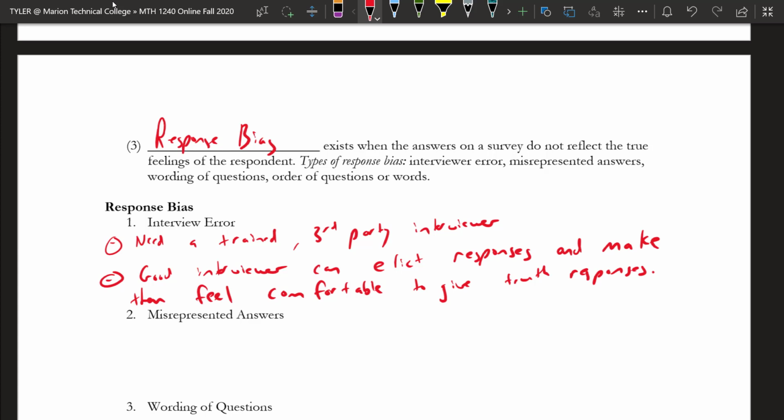So it's good to have a third party that doesn't have an interest in the results of the survey, for obvious reasons. We don't want that kind of interviewer error either, where the interviewer is not listening, or not being truthful in what they are capturing.